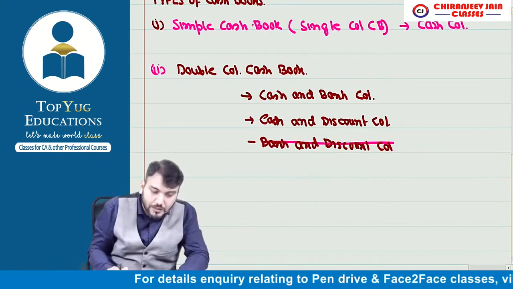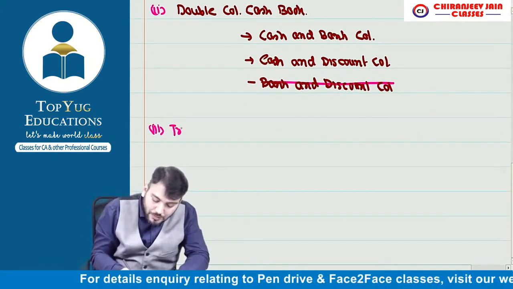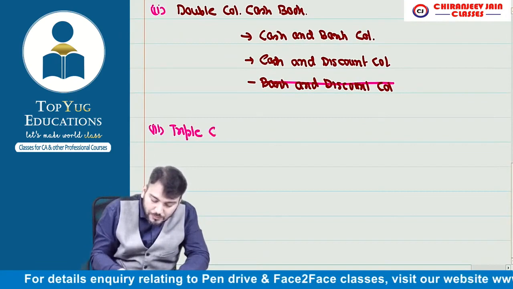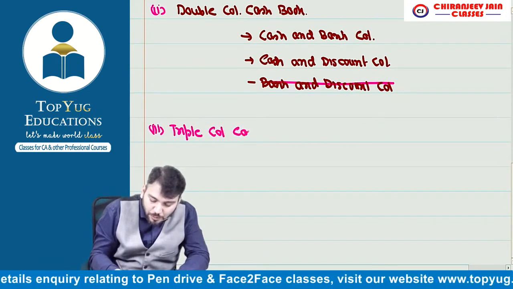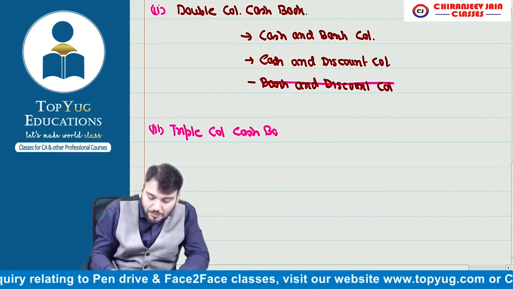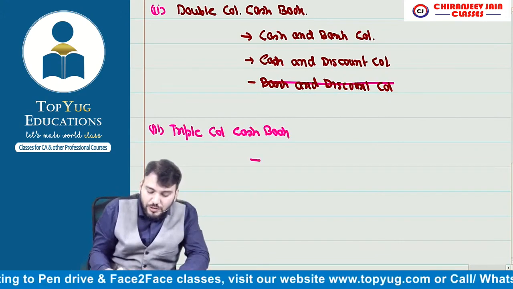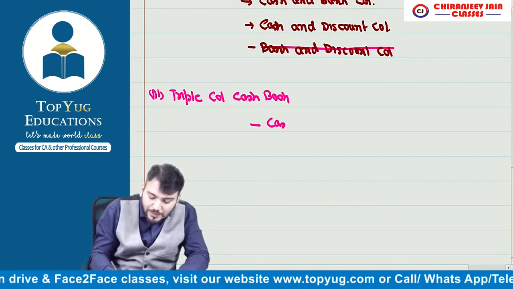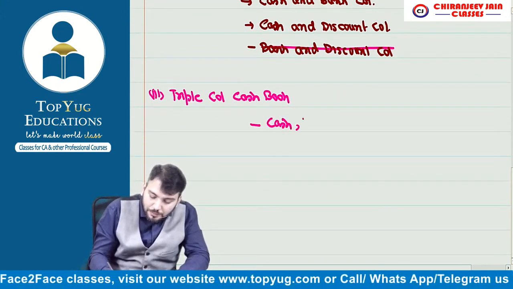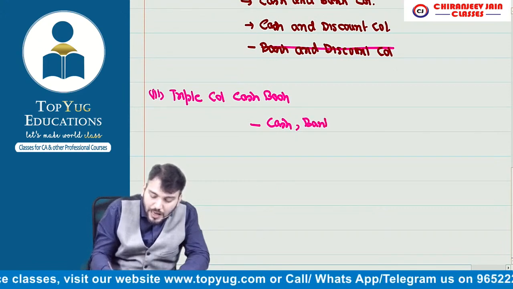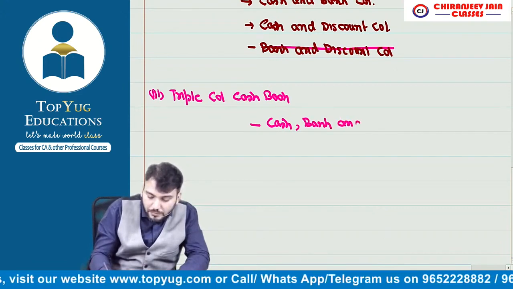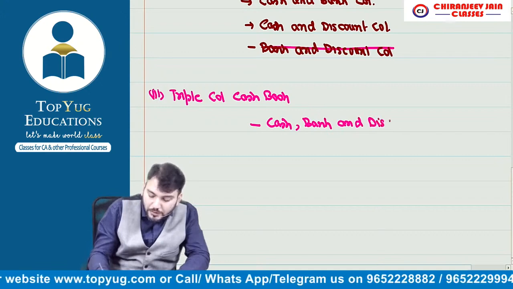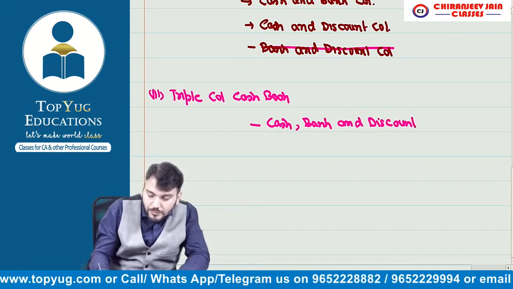Point number three is triple column cash book. I think you have understood. In triple column cash book, we'll have cash column, bank column, and discount column.